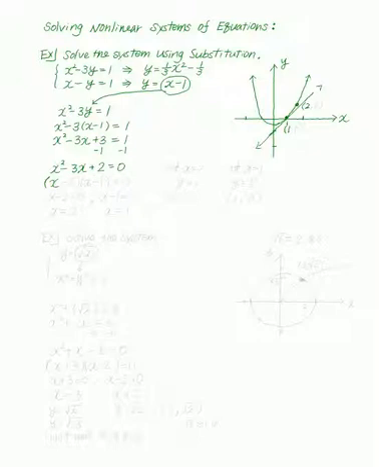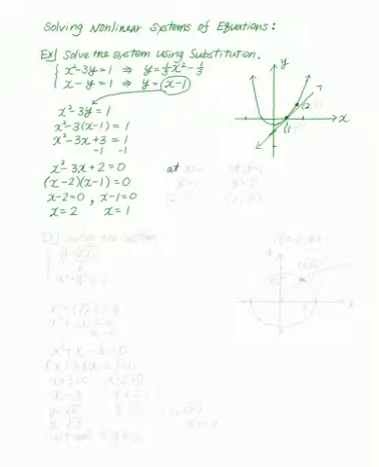Since this one does factor, I'm just going to factor it into x minus 2 times x minus 1 equals 0. Setting each expression equal to 0, and solving each of them, I get that x equals 2 and x equals 1.